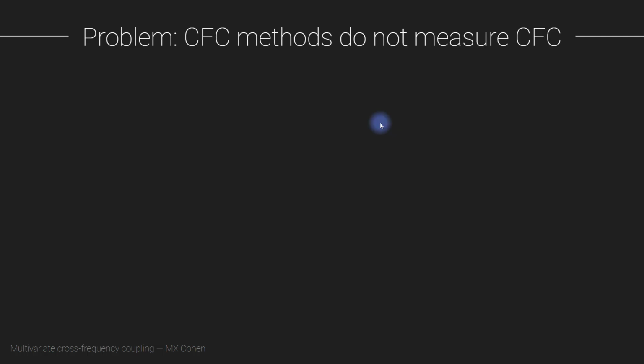Now, there's a bit of a problem with most of the cross-frequency coupling methods that have been proposed in the literature. And that problem is that cross-frequency coupling methods do not selectively measure cross-frequency coupling.